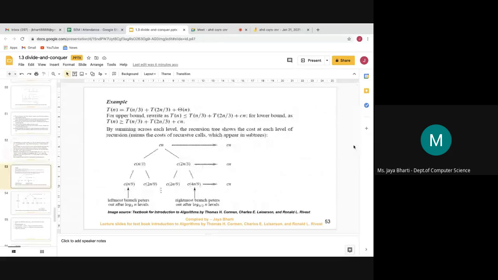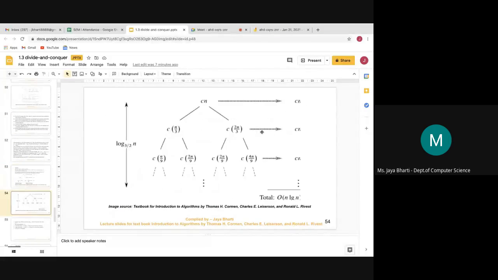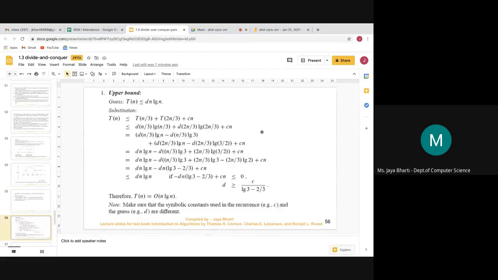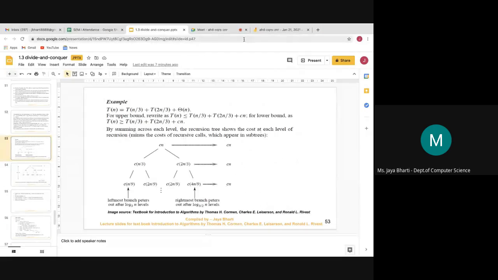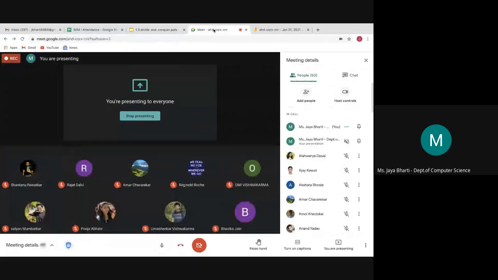Okay, and after that we will see tomorrow the upper bound and the lower bound parts. Everything is clear for now, or do you have any doubt?